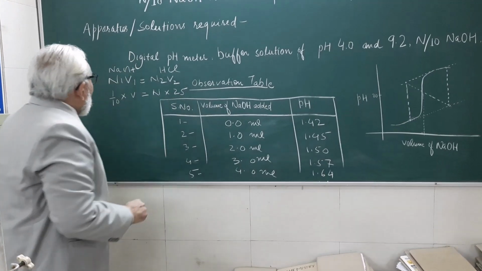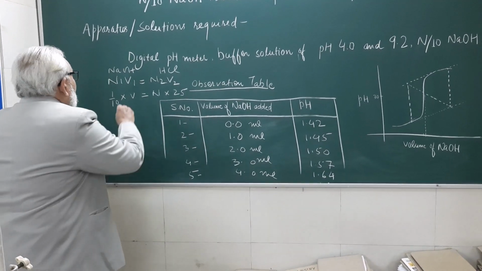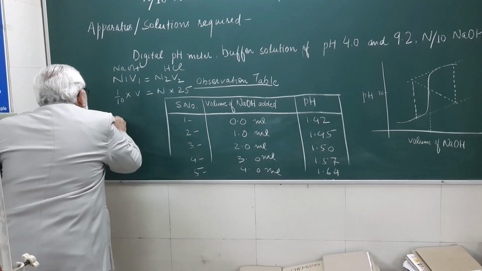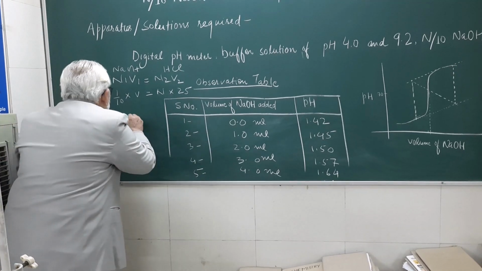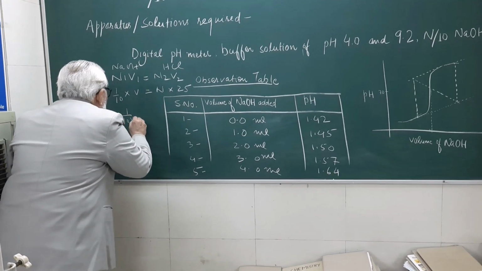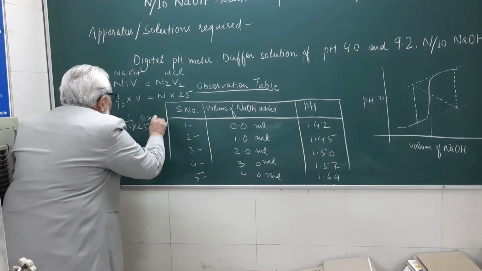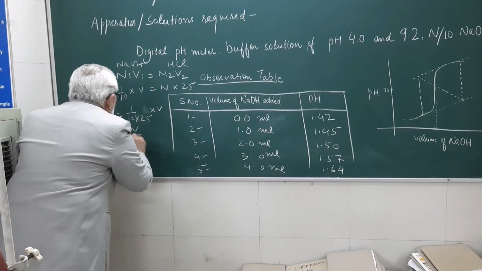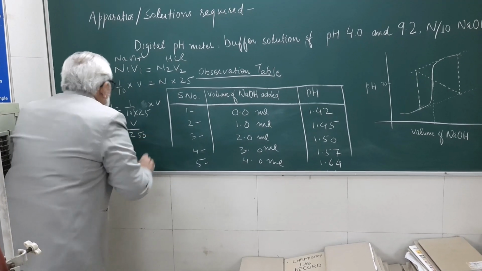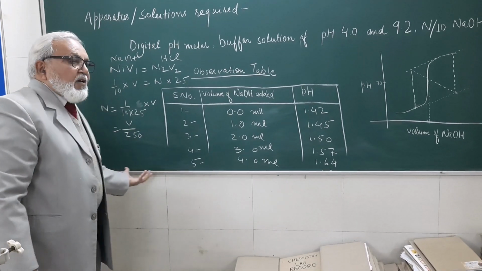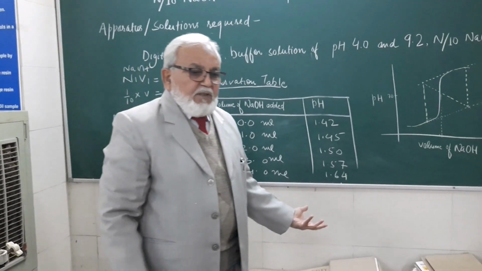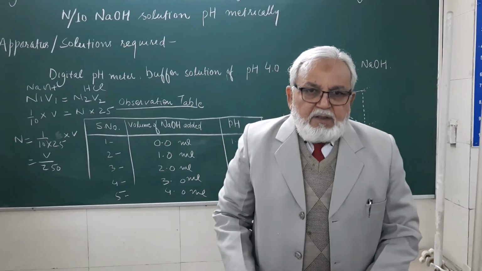So we can find the normality of HCl as N equals 1/10 into V divided by 25, so N = V/250 is the normality of HCl solution. Thank you.